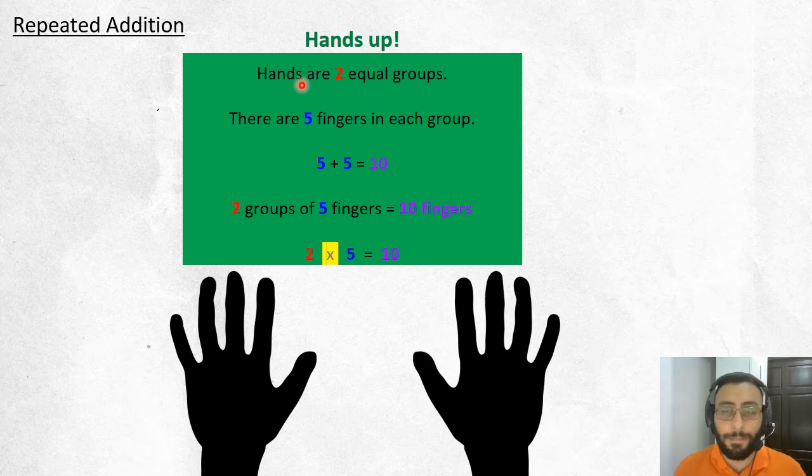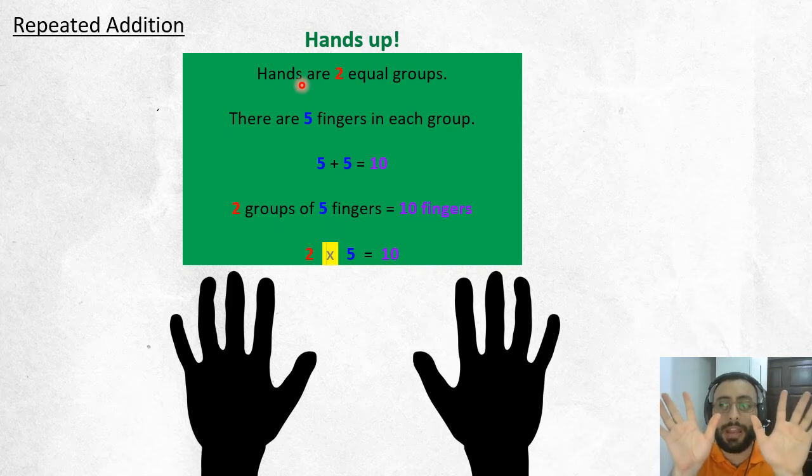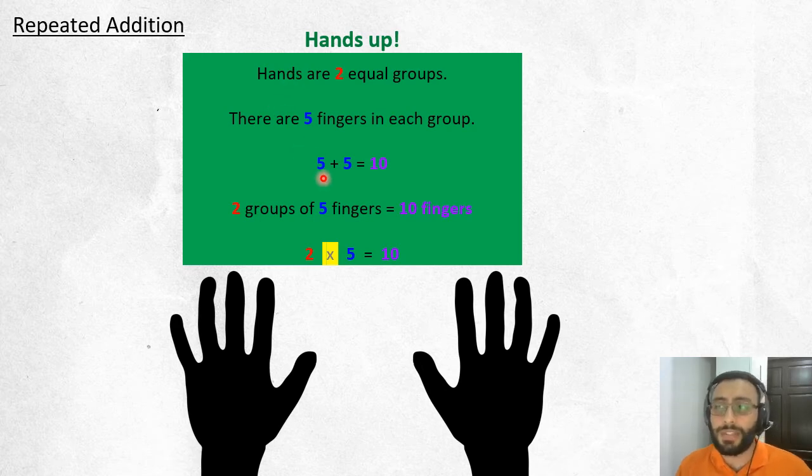Very good. So we have how many groups? 1, 2. And how many fingers do we have in each group? 5, right? So we have 2 groups and 5 in each one of the groups. So in multiplication, instead of saying 5 plus 5, we say 2, which is 2 groups, right?